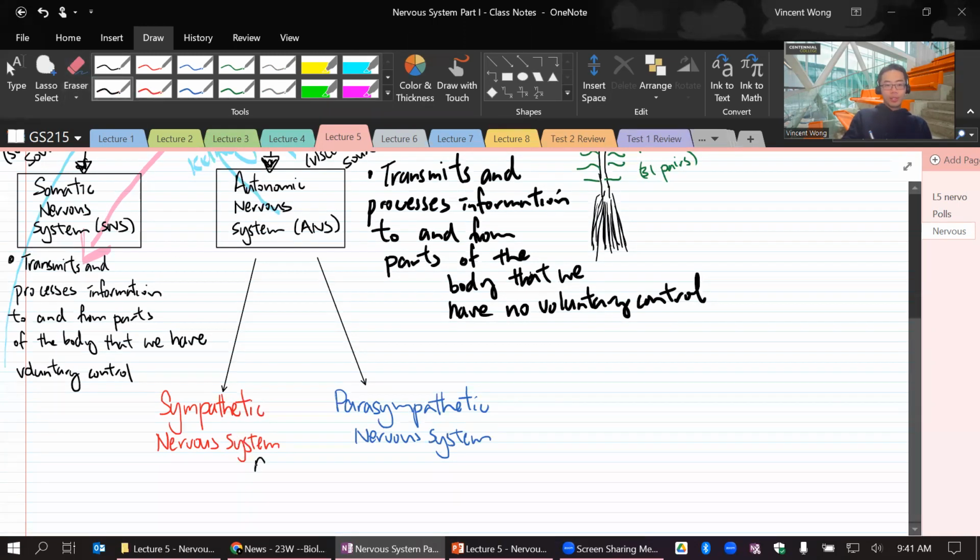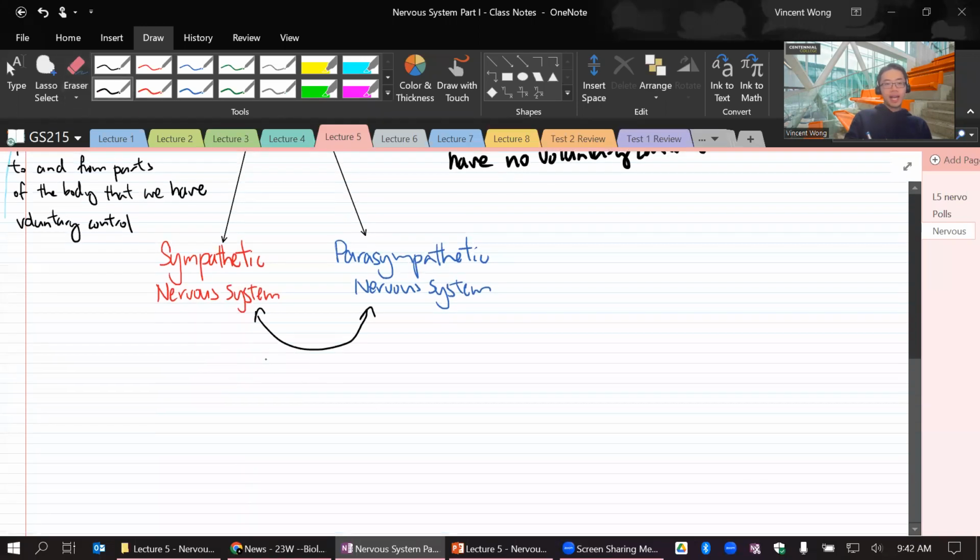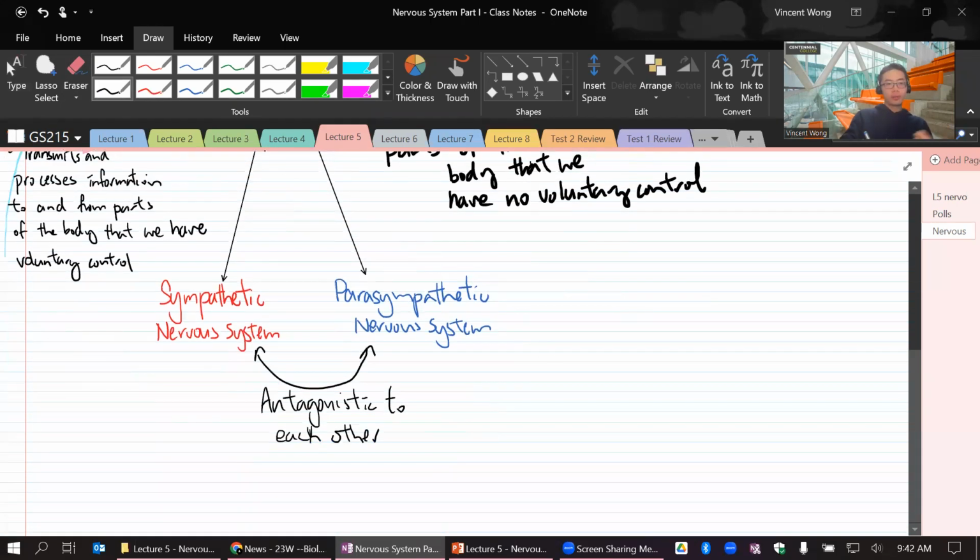These 2 divisions are antagonistic to each other. That means they work against each other. They work opposite to each other.